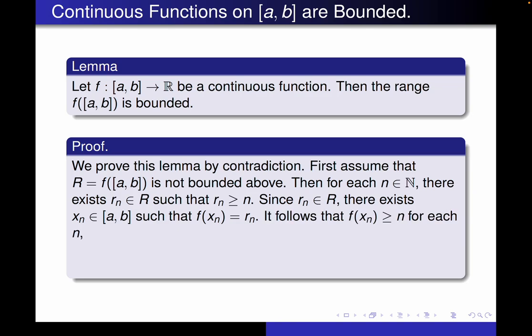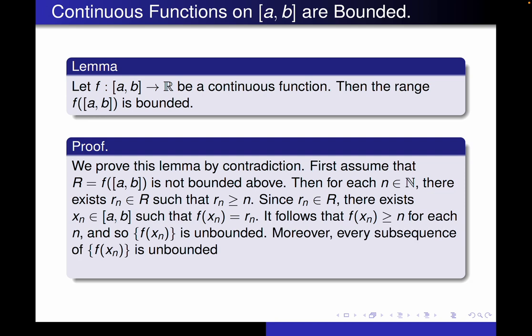And so plugging that in for Rn into our inequality says that f of xn is greater than or equal to n for each n. That means the sequence f of xn is an unbounded sequence. Now things are going to get interesting. Note that that also means that every subsequence is going to be unbounded, right? If we had a subsequence that was bounded, then we would have some issues.